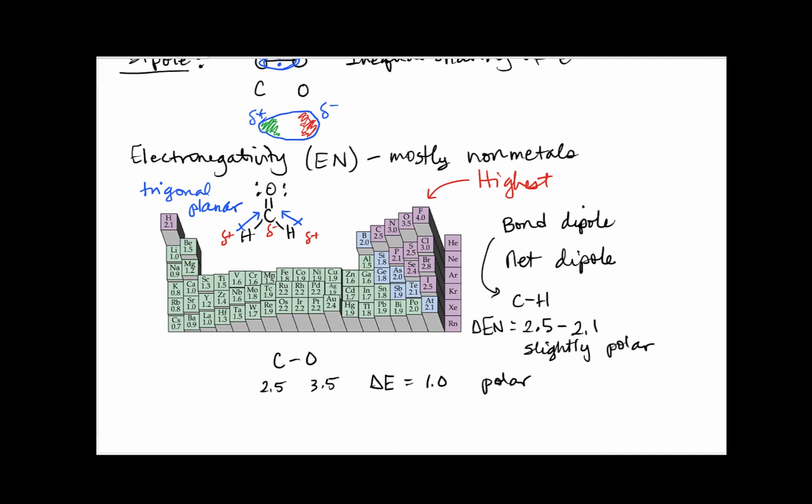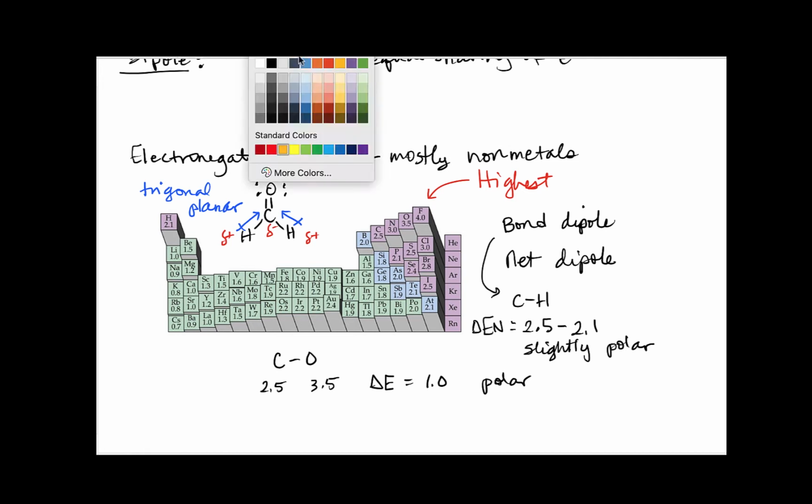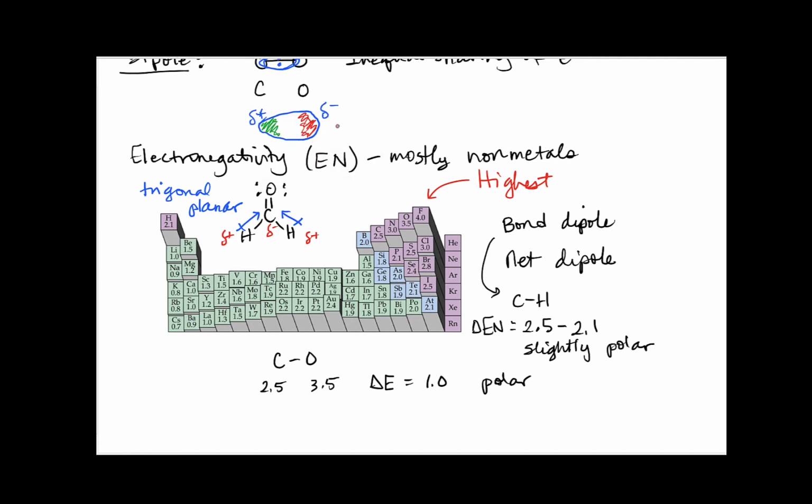But then we also have the carbon-oxygen bond. This is going to get messy if I try and draw it on top of each other, so I'm going to draw it off to this side. So this carbon-oxygen bond is also polar, and in this case, the carbon is going to be on the positive side of this, and the oxygen is going to be on the negative side of this, since it's got the strongest electronegativity.